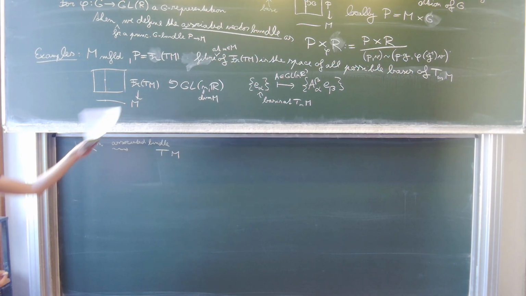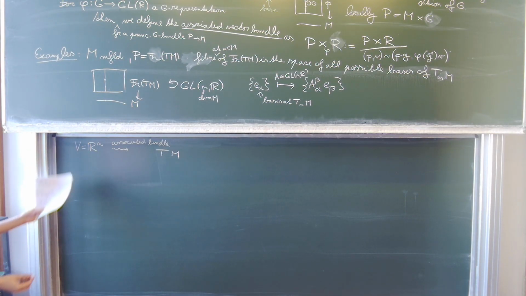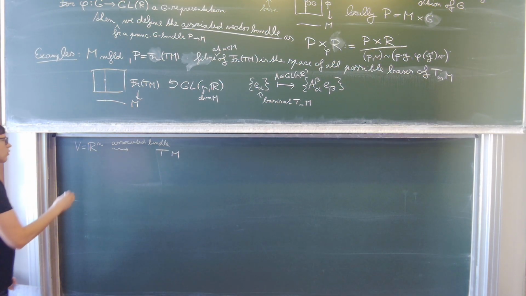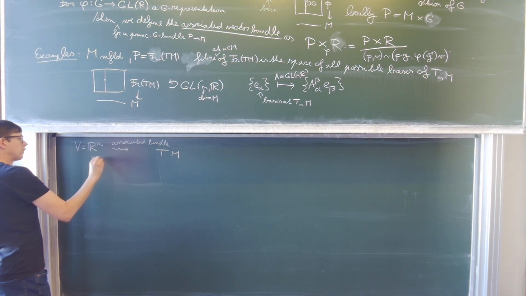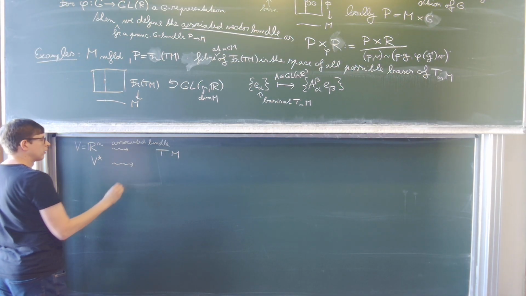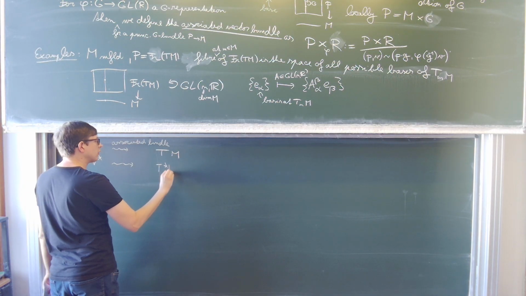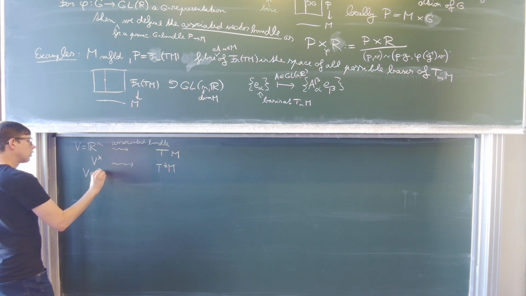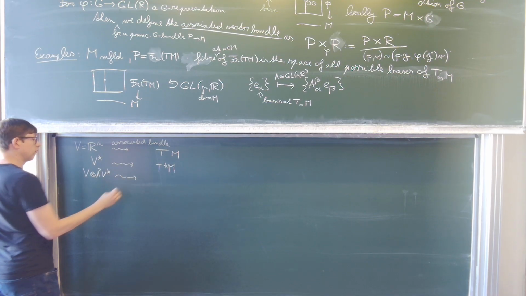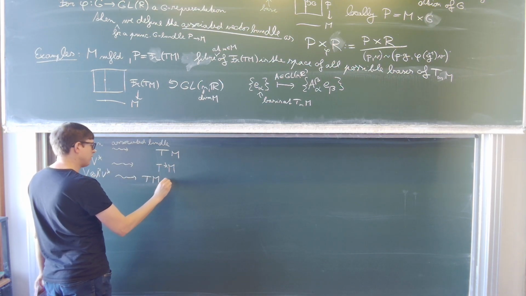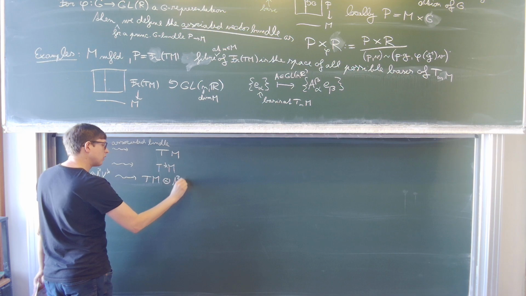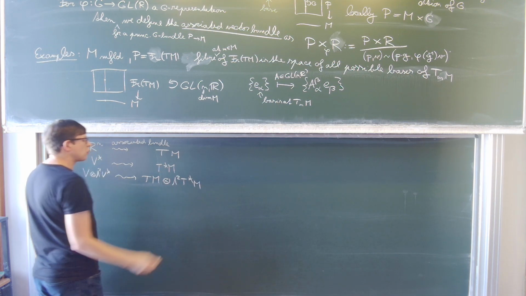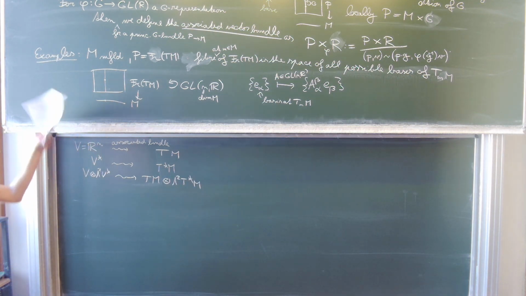This is the vector representation of GL_n(R), and the vector bundle you get in this way is the tangent bundle. You can do V*, then you get T*M. You can do all sorts of tensor products, and surprise, surprise, we get TM tensor T*M. So all tensors are just associated bundles to the principal bundle of frames.